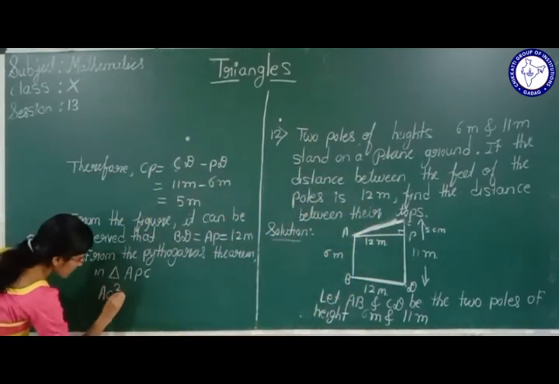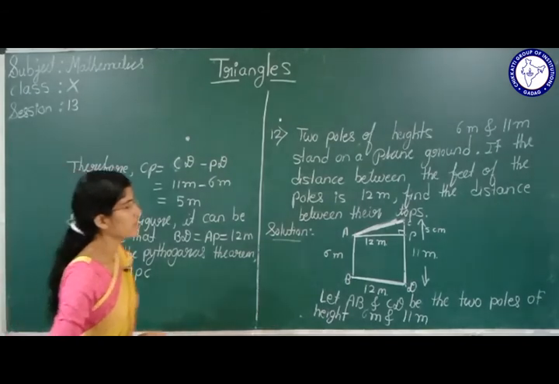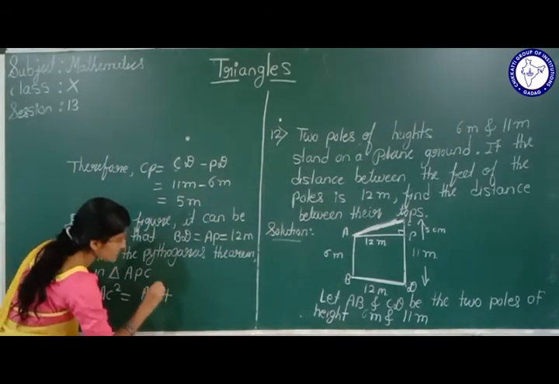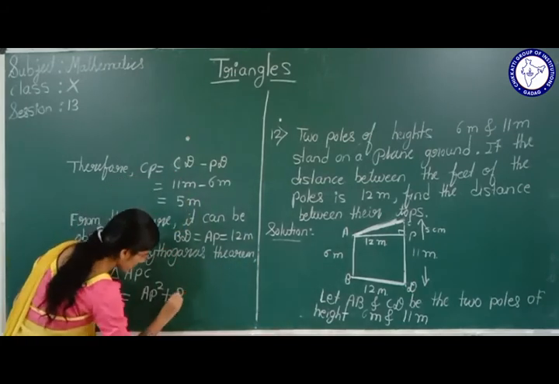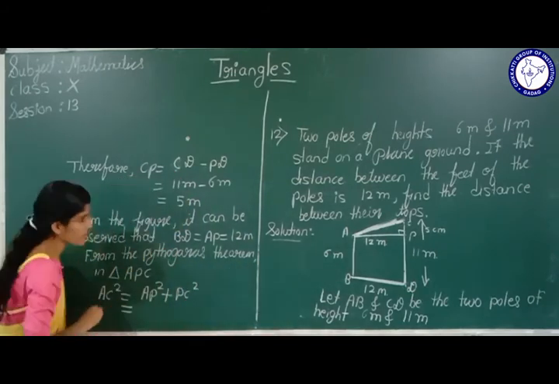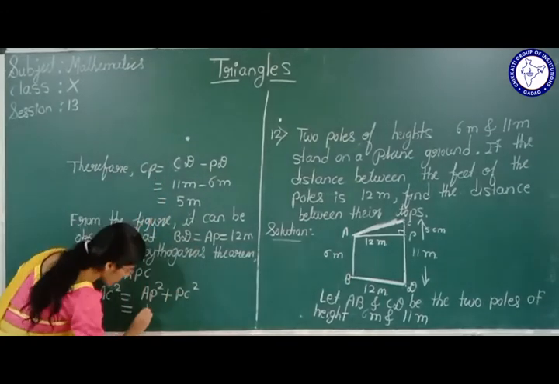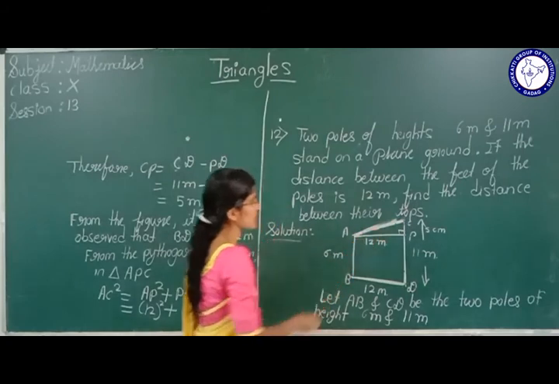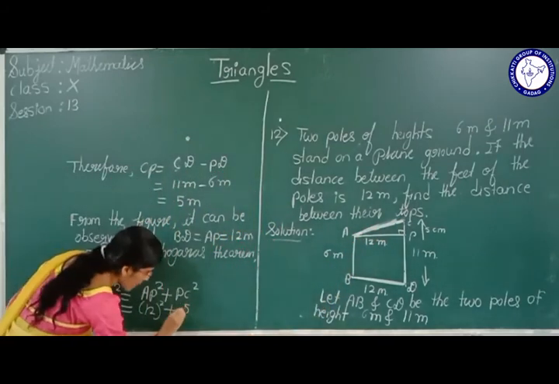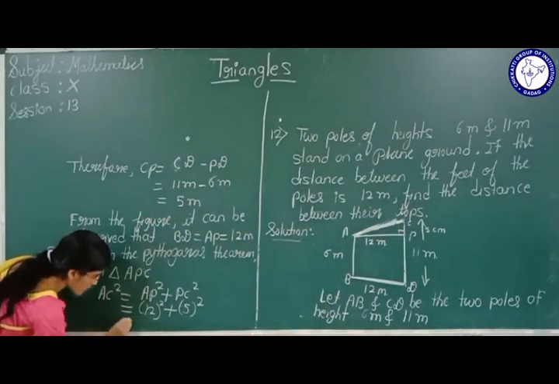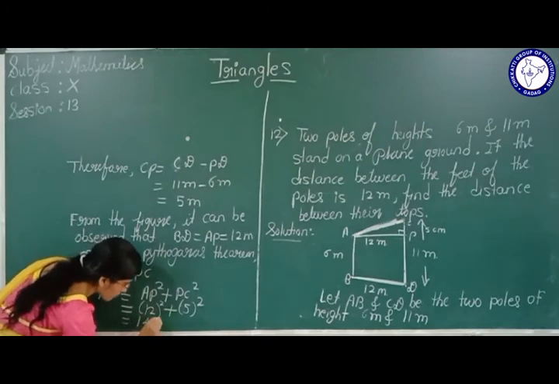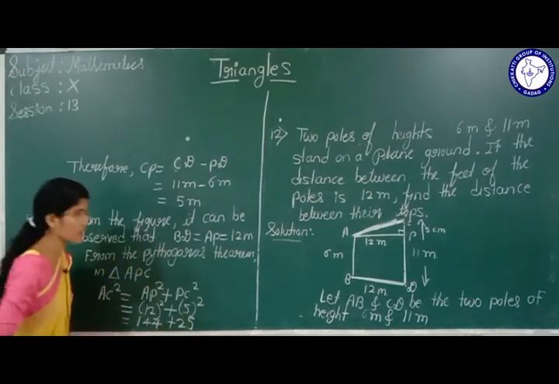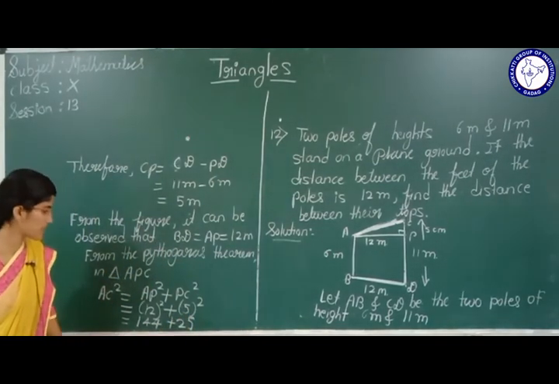AC square is equal to AP square plus PC square. What is AP square? AP is nothing but 12, 12 square, plus what is PC square? PC is nothing but 5 square. 12 12s are 144. 5 5s are 25. What is 144 plus 25?